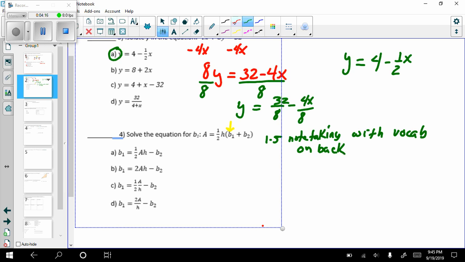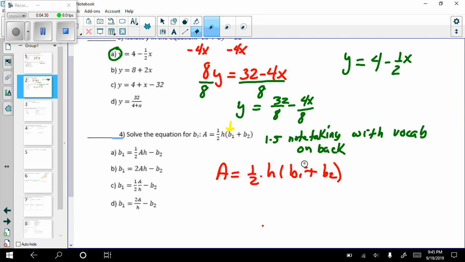So what you would have to do is, let's see, A equals 1/2 times H, and then this is distributive, but we're actually not going to distribute. Okay, let me erase this tiny little spot. I don't want to confuse you. We need to get the B1 all by itself.